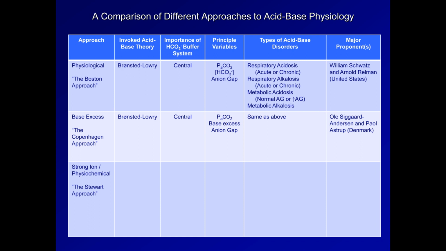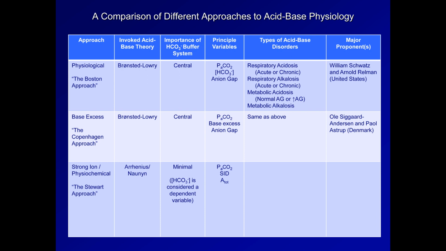Finally, in the Stewart approach, the invoked theory of acids and bases is that of Arrhenius and Naumann. Bicarbonate is considered to be a dependent variable, and thus its importance in the approach is minimal. Instead, the principal variables are PCO2, strong ion difference, and total concentration of weak acids.